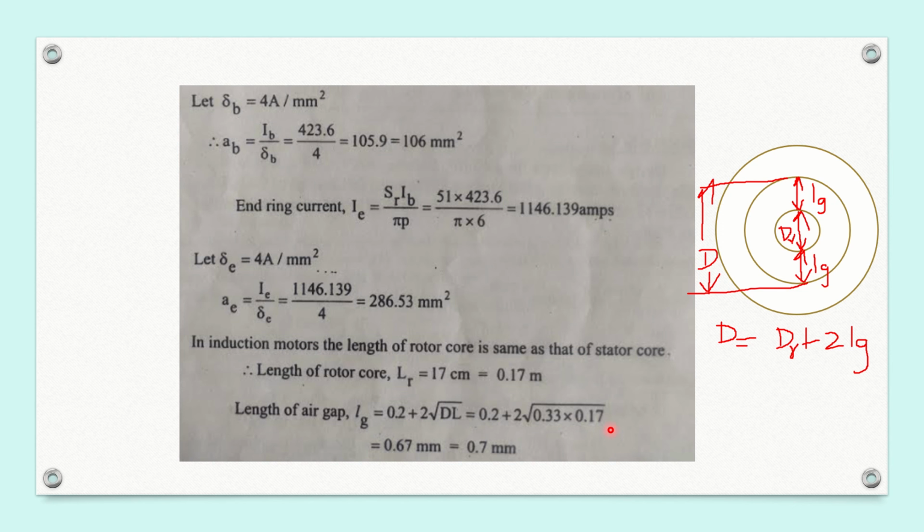So we have to substitute D and L in meter. In this particular equation, D and L should be substituted in meters and the answer will be in mm. So the answer is 0.7 mm.